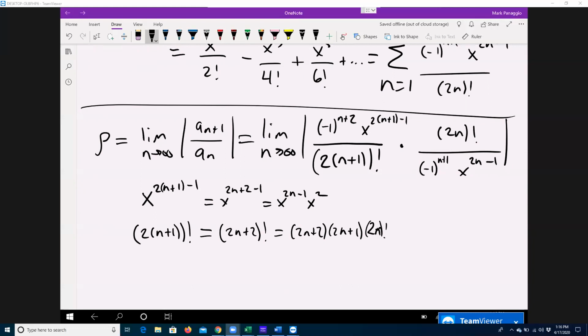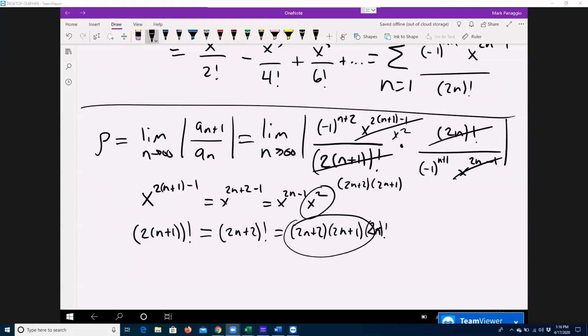And so with that in mind, if I want to cancel out the powers of x, we'll see that I have an extra x squared in the numerator. And if I want to factor out or cancel out the factorials, I'll be left with a product of 2n plus 2 and 2n plus 1 in the denominator.